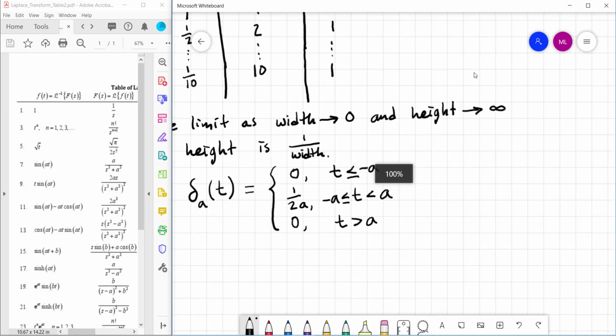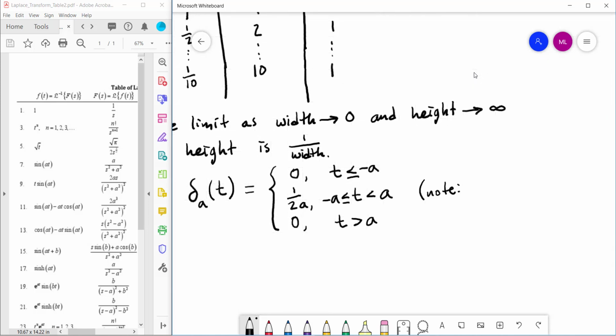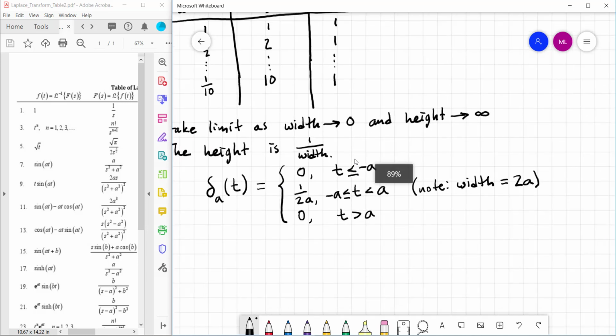So the width is equal to 2a, and that's why I'm using 2a in the denominator for our height, 1 over width. So we've got this function set up. You pick a value of a, and this thing will always integrate to 1. It's going to give us the pictures that we've got above.